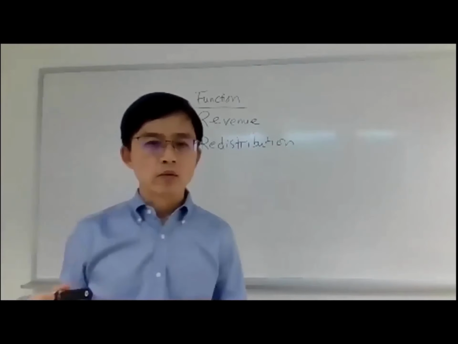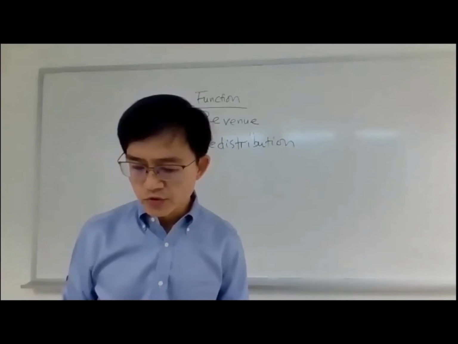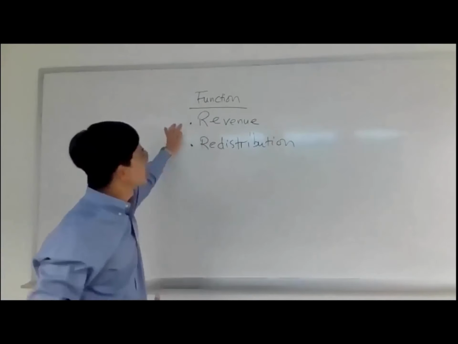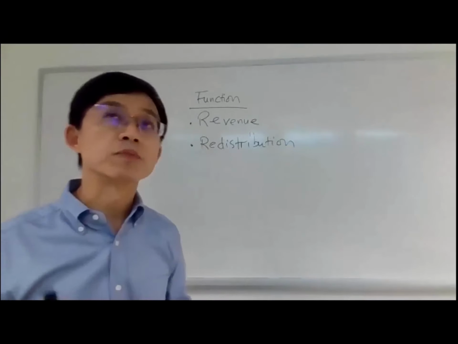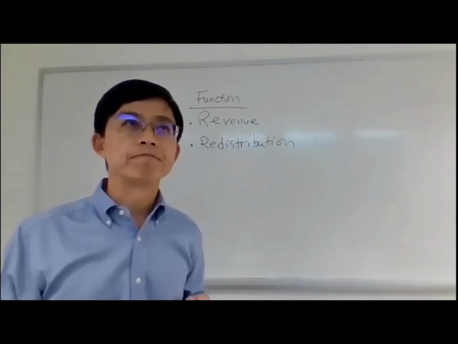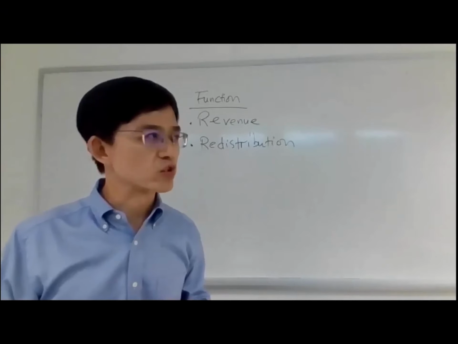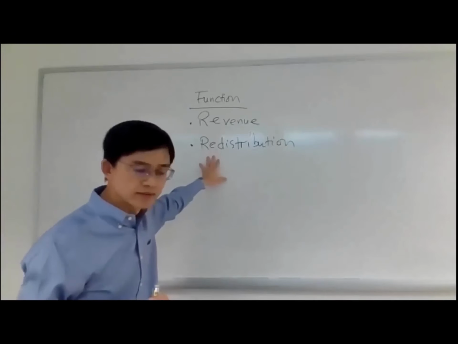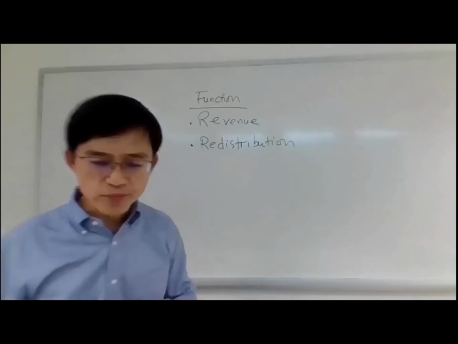So redistribution. Now, what does redistribution presuppose? It's a very interesting concept. We can accept that the state needs revenue to build hospitals, to build schools, to build infrastructure. Then there's a need to redistribute.